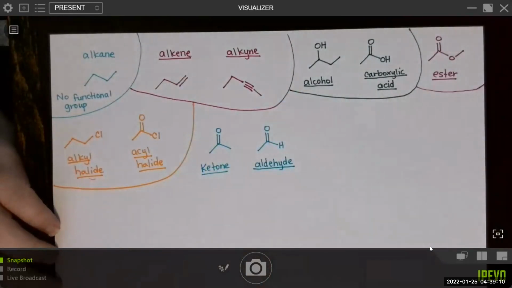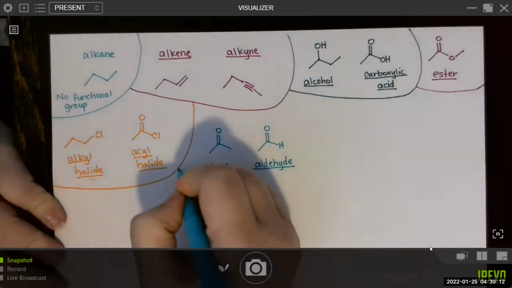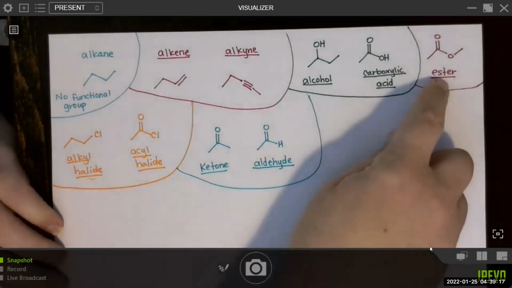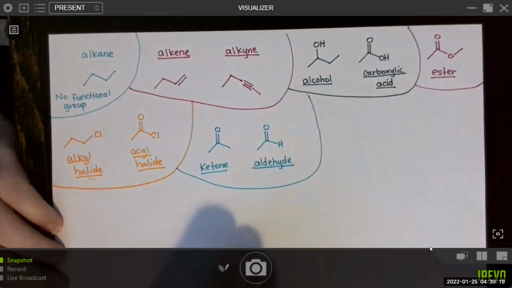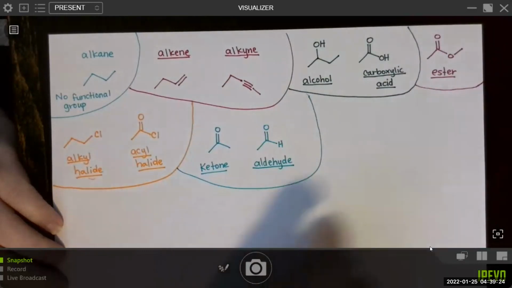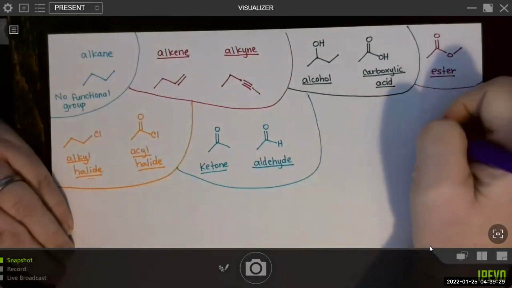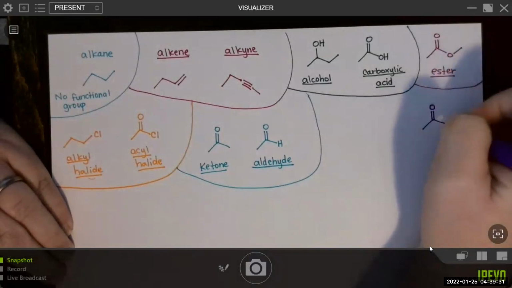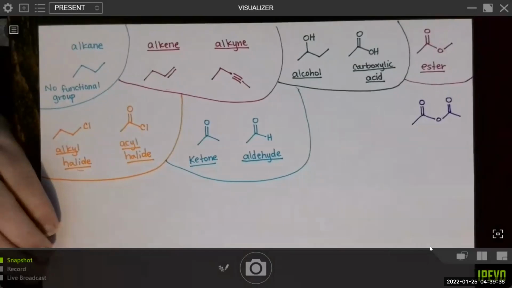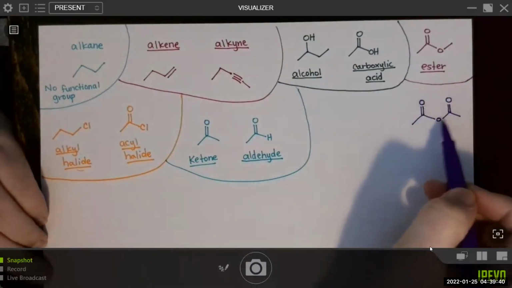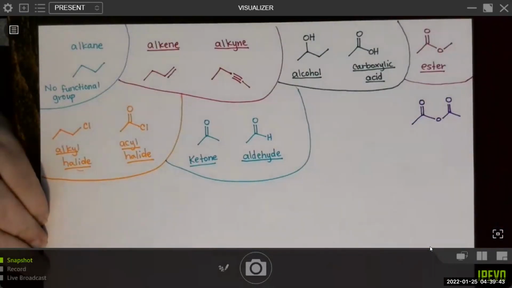Okay, one more over here that's kind of similar to an ester. I would say it's the most similar to an ester. And it's not a very common one, but it is one that we do learn at the outset of the course. What if you see two carbons double bonded to oxygens, and in the center, they're both bonded to the same oxygen?